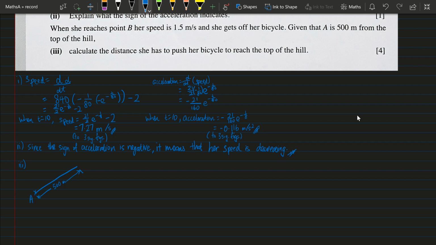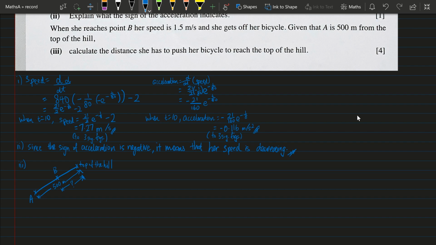If you read the question carefully, this question is with respect to this point A. So A is at the bottom of the hill, and the top of the hill is here. B is somewhere here. We don't know where. So calculate the distance she has to push her bicycle to reach the top of the hill. So actually we are interested in this one.